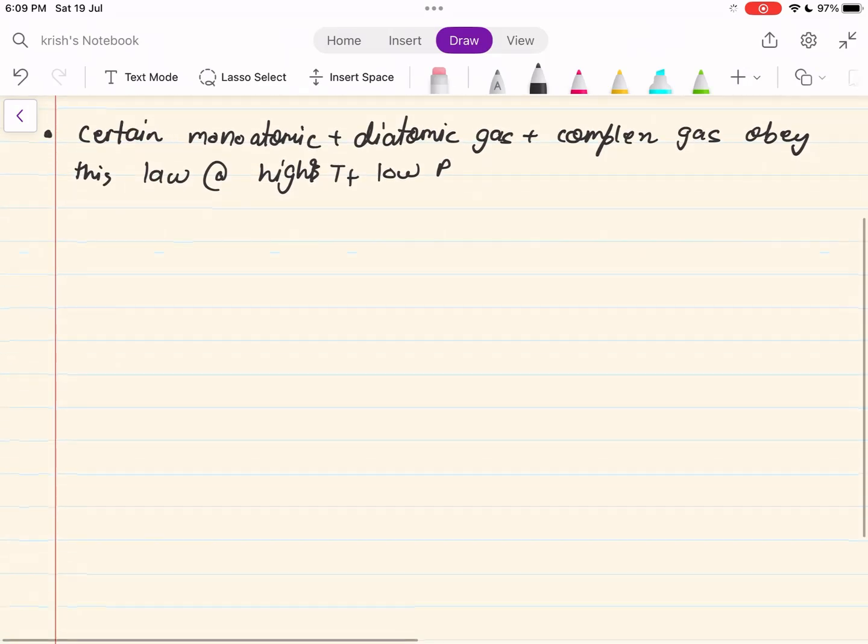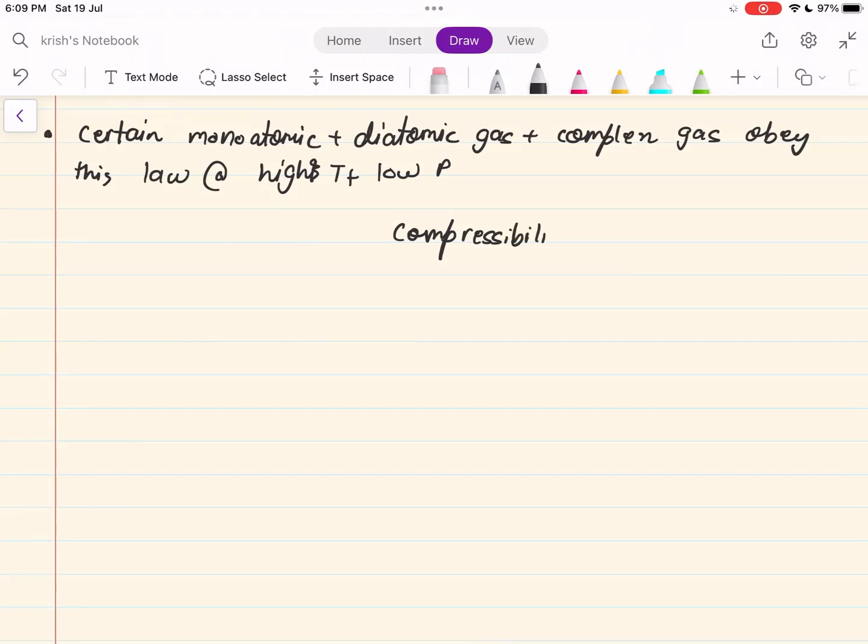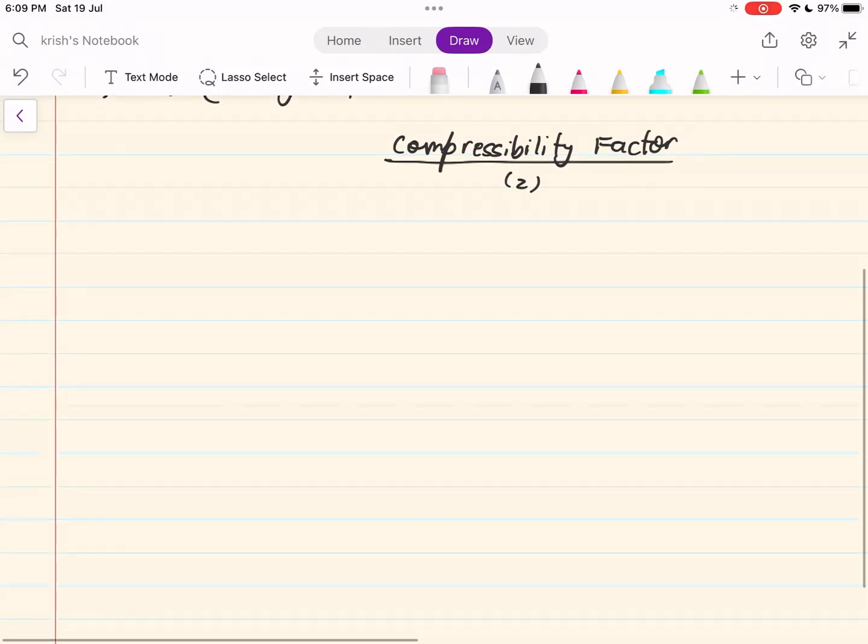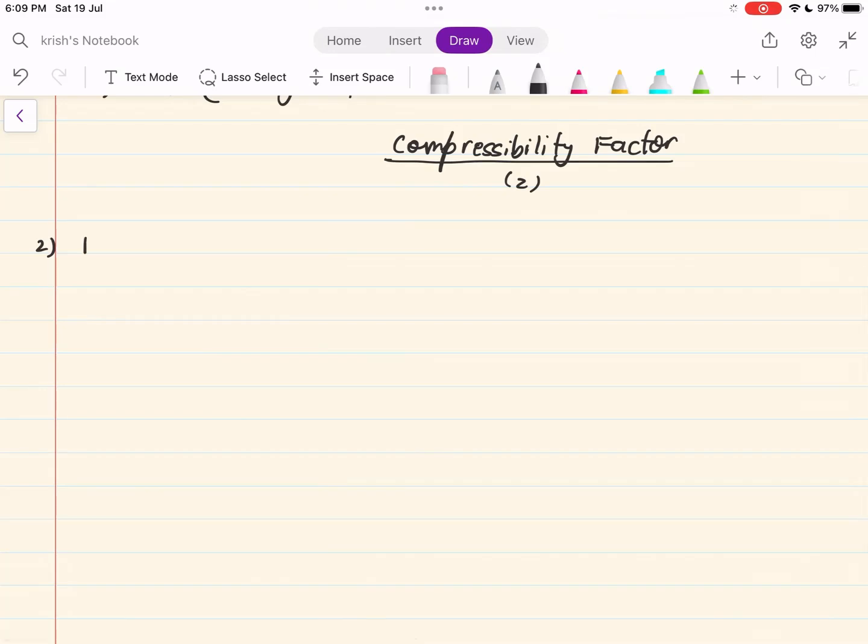Now if you remember, we also had something called the compressibility factor, denoted by Z, small z. So PV equals ZRT, which implies Z equals PV by RT.